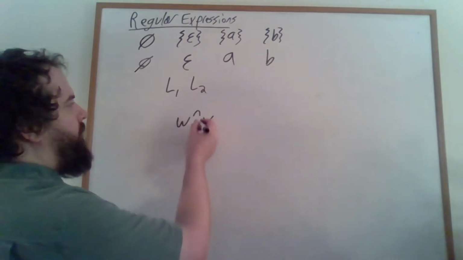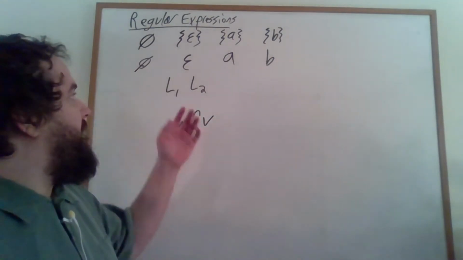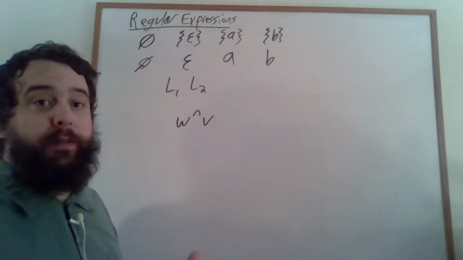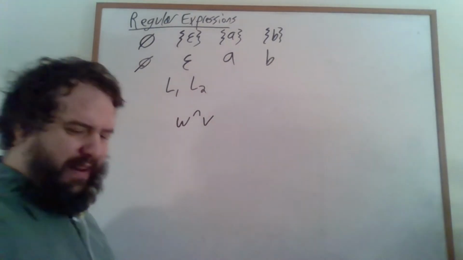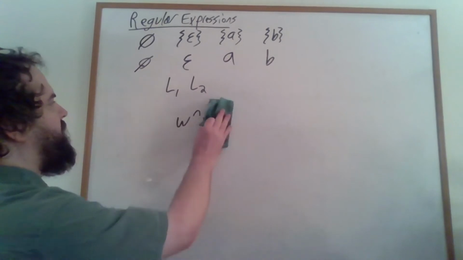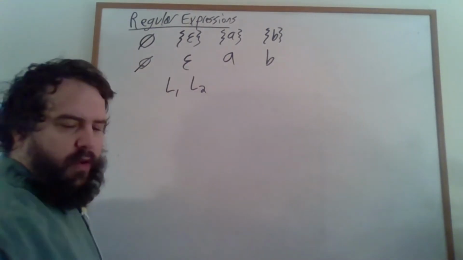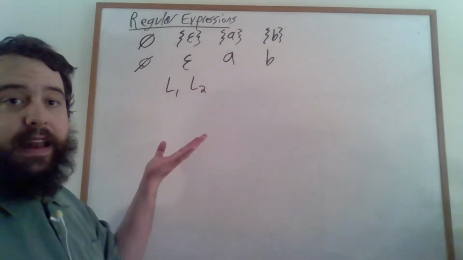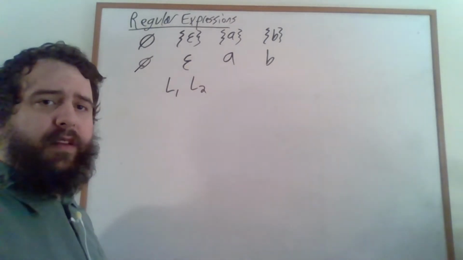This is a common way of writing concatenation in situations where just concatenating the symbols would be ambiguous. But we hopefully won't run into any situation like that. So if I want to concatenate 2 languages or 2 words, I'm just going to write them next to each other.